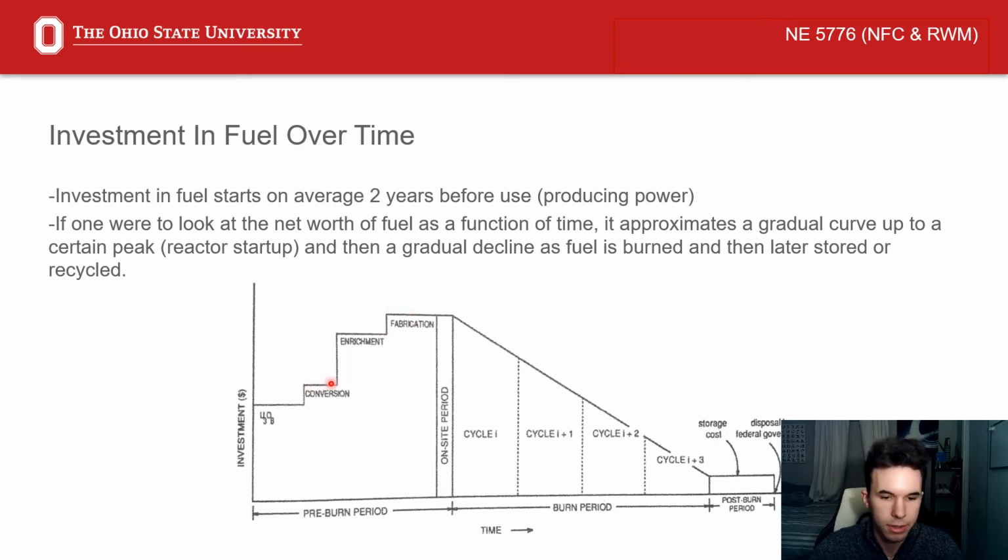Conversion instantly makes it more valuable, enrichment to increase the U-235 concentration instantly adds value, and fabrication into fuel pellets also instantly adds value. Right here you've got startup, and then after a long period of gradual fuel burnup, that value depreciates, and then it's relatively stable after you put it in long-term storage.